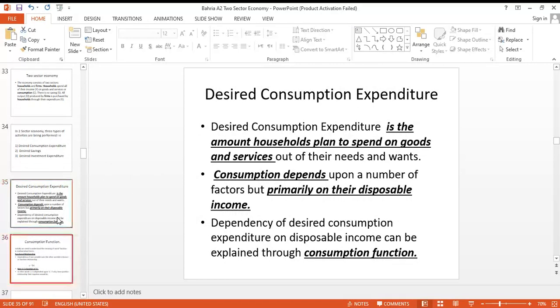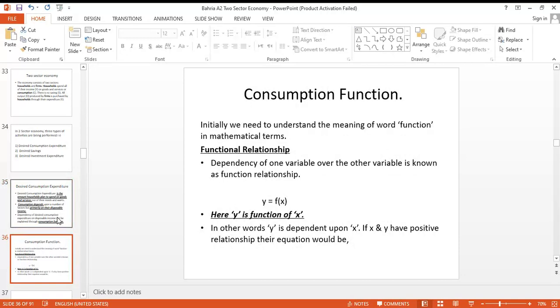Please do keep in mind that when we are making the consumption function, we are asking ourselves a basic question: what is consumption dependent on? What are the things that consumption is dependent on?